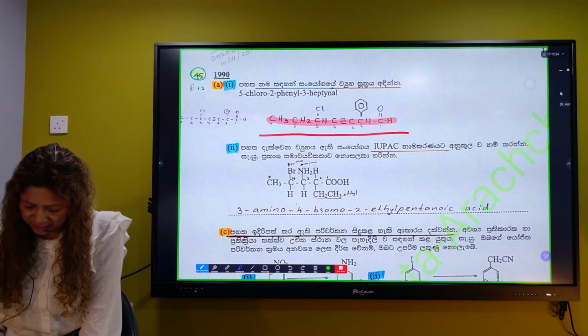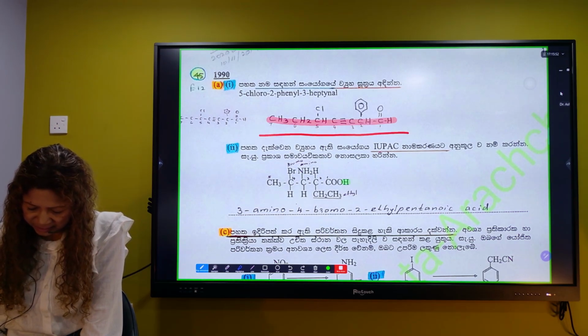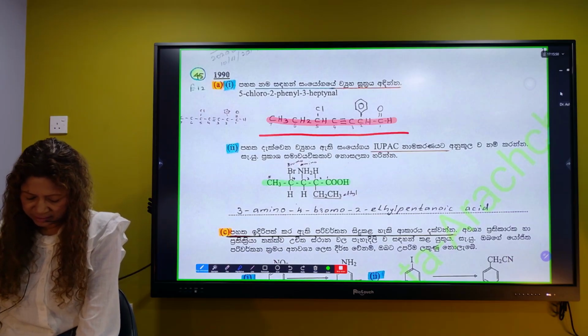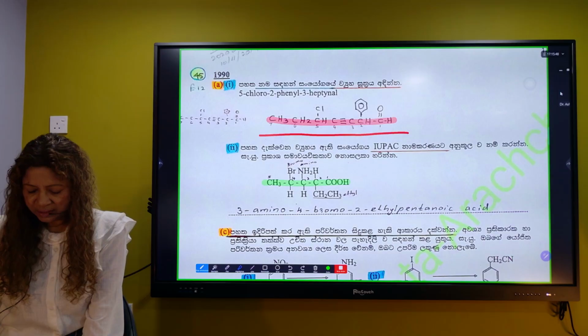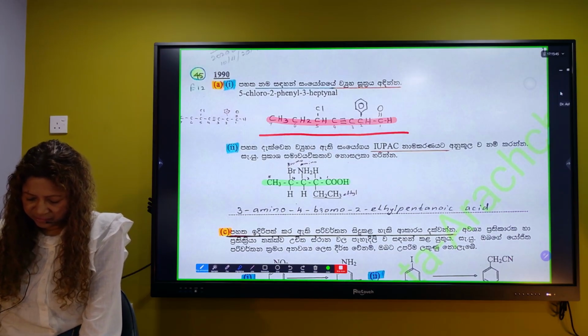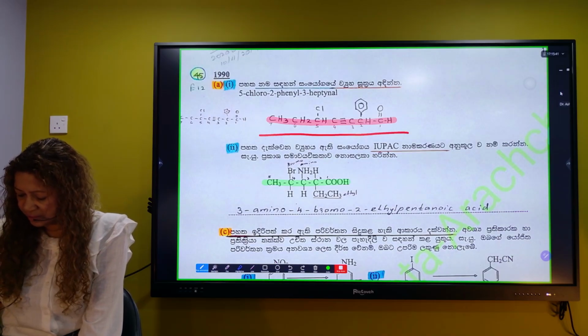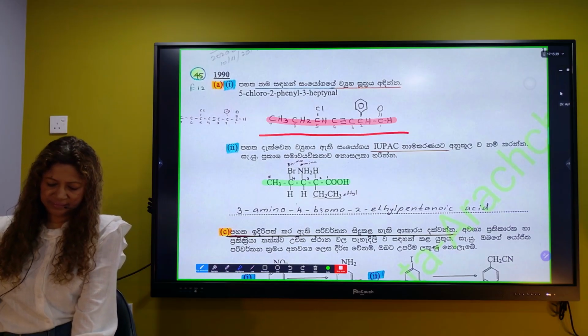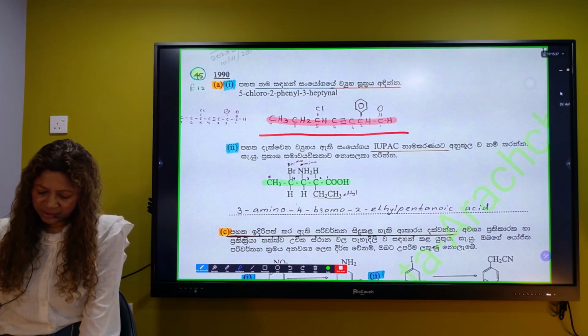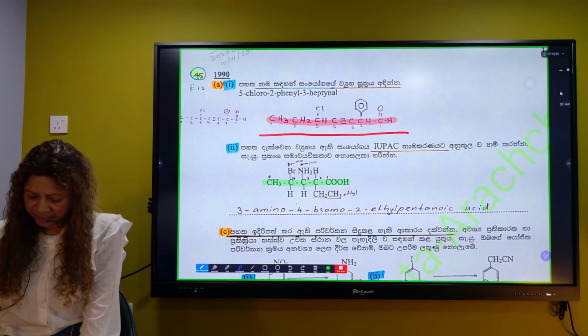They are asking for the name starting from carboxylic acid, and this is the main chain. So the name becomes 3-amino 4-bromo 2-ethylpentanoic acid. 3-amino 4-bromo 2-ethylpentanoic acid.